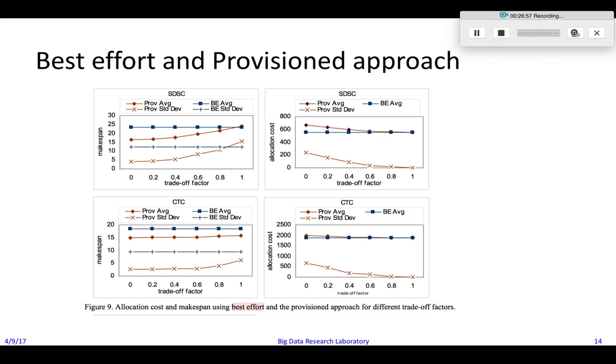But for the proposed method, all the tasks can be allocated ahead of time, so they don't have any waiting times. I will also mention that the allocation cost for the best effort is always the same. It's constant.